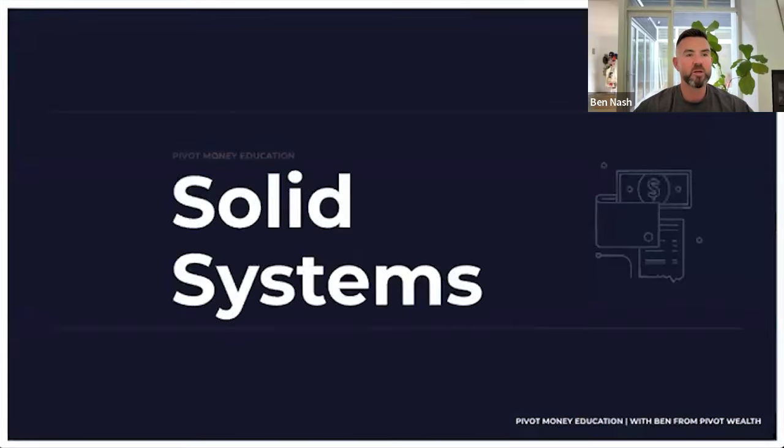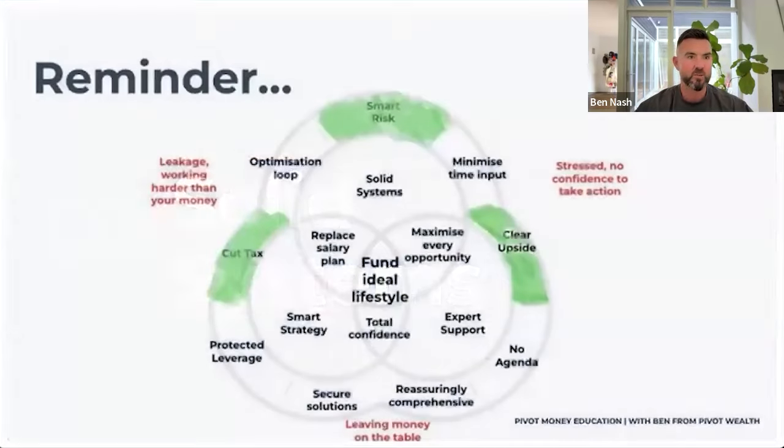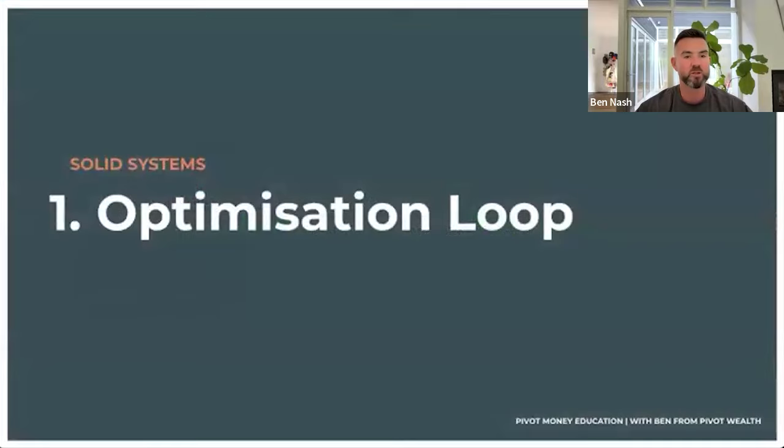And so the next bit I want to talk about is around systems. Again, with the systems, keep in mind that we're really just focusing on one element of this, which is around your smart risk. But there are other areas that you want to get right here. You want to get your optimization loop in place so that you've got feedback.